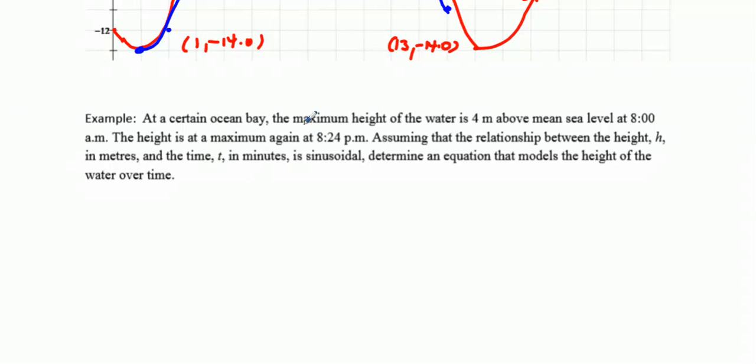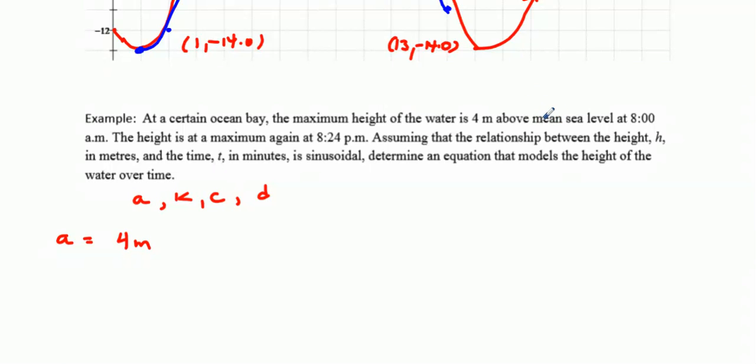Well, it gave us our variables here. We just need to find our A, our K, our C, our D. So let's start with our A again and think about them. It's at its max at 4 meters, and that's above sea level.